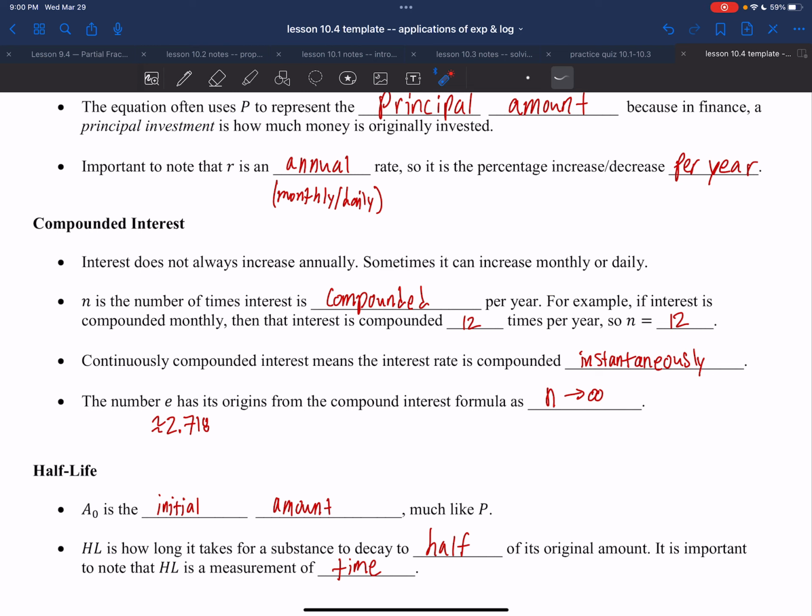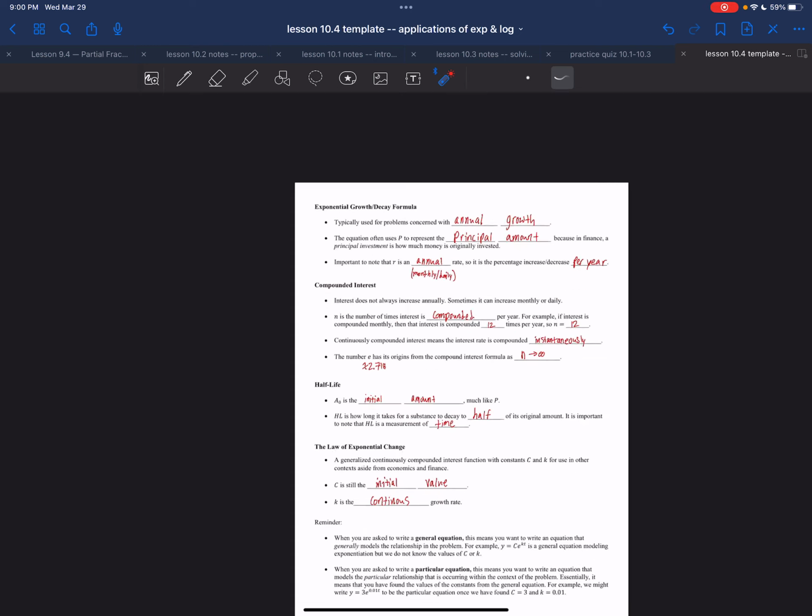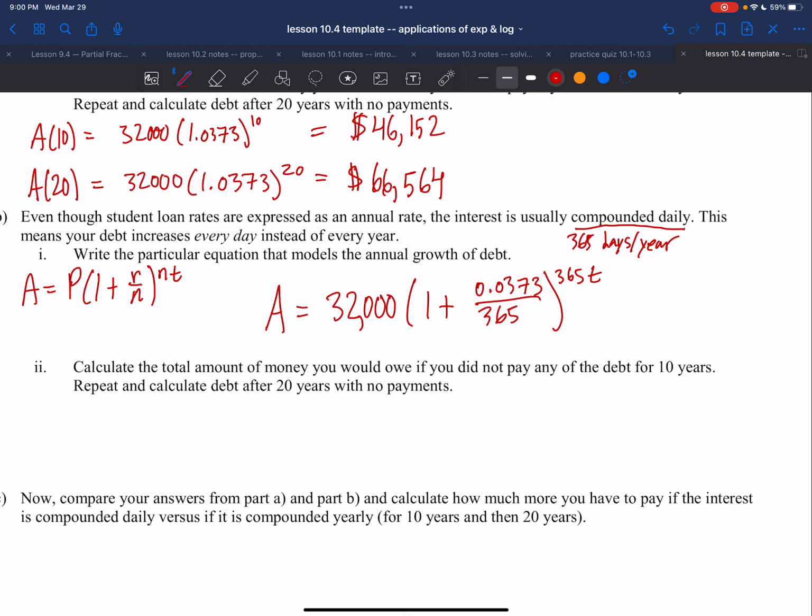So it's compounded every day per year, right? So there's 365 days in a year. And I'm raising this to the 365 times T, because that's N times T. That's your function.